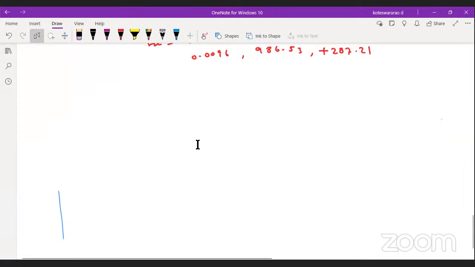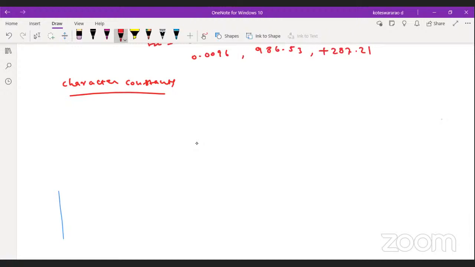Now coming to the third type, character constants. A single character enclosed in an apostrophe, that is, single quotation marks, is called a character constant.